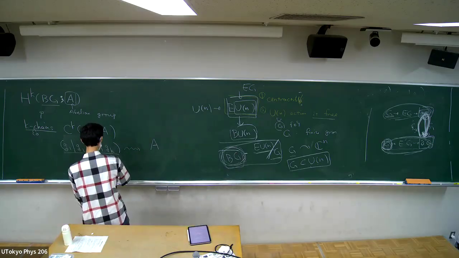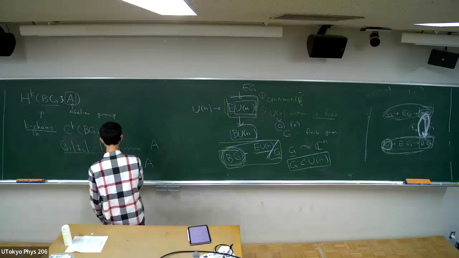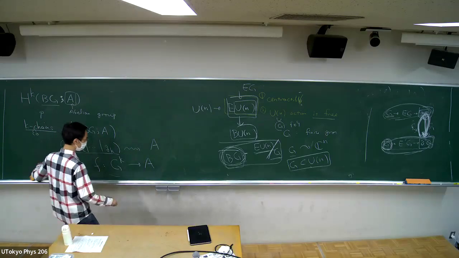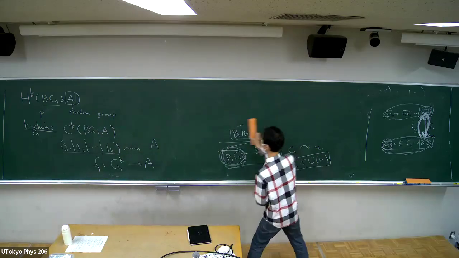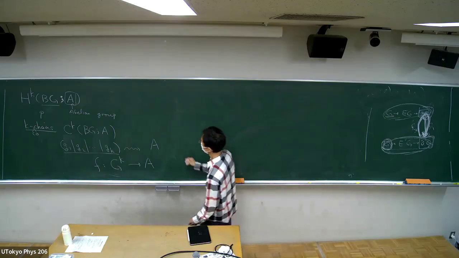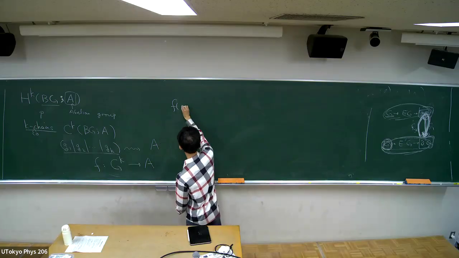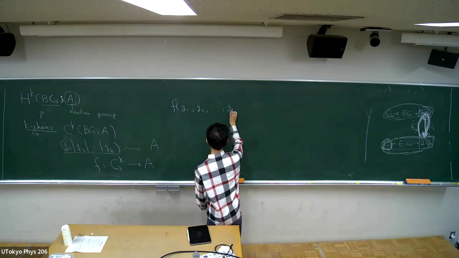So it's just a map from G to the power k to A. So let's write such a function just as f(g1, g2, ..., gk).